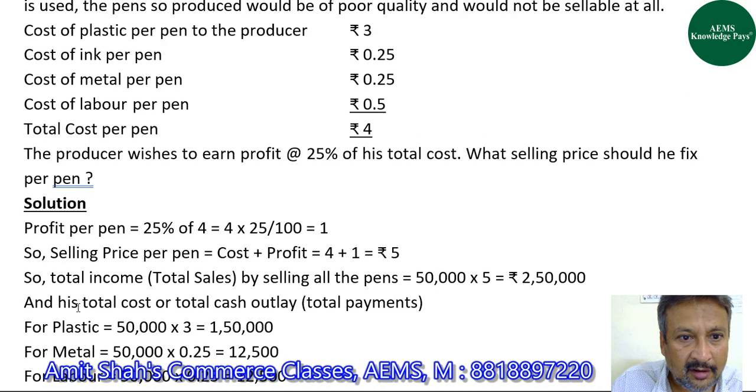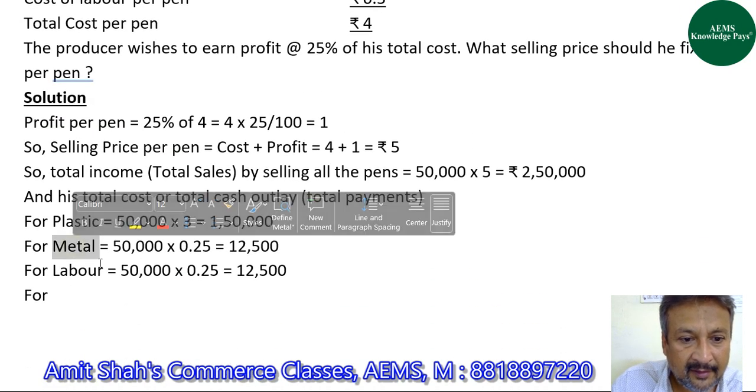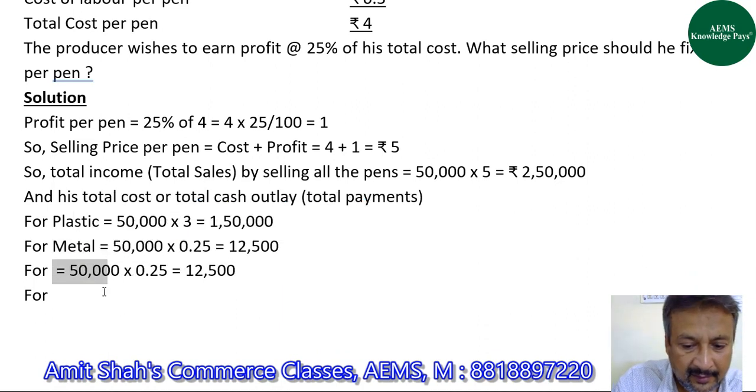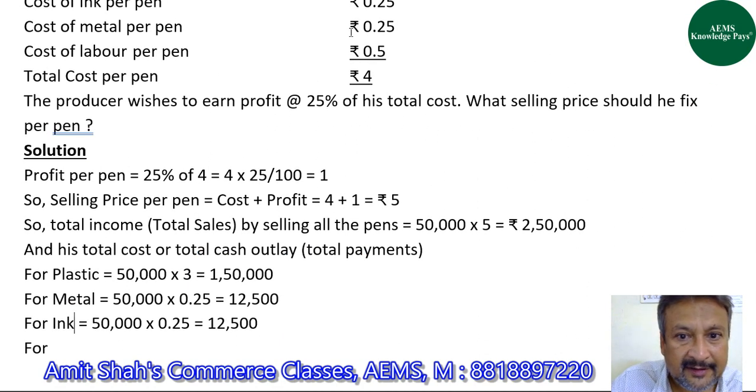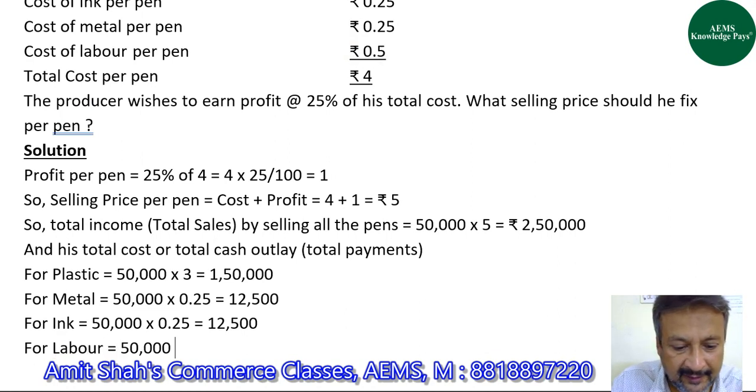Okay, this is for ink and this is for metal, 0.25. And for labor, it is 0.5 per pen. 50,000 into 0.5, that is 25,000.